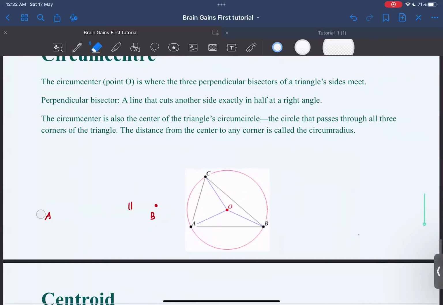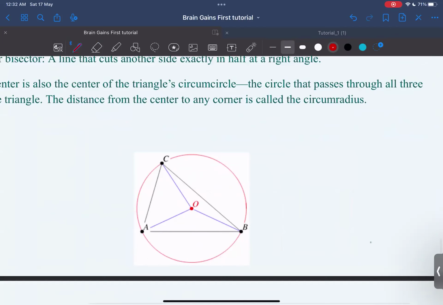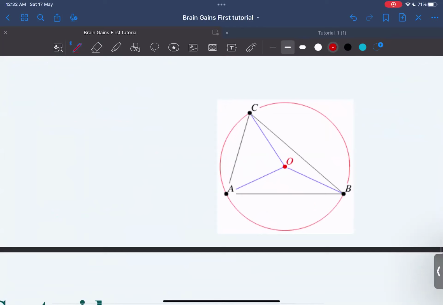So basically, what the circumcenter is, again, we have three sides in our triangle, so we're going to have three perpendicular bisectors, one for each of the sides. I could draw them on here. This is a perpendicular bisector of AB. This is going to be the perpendicular bisector of AC, not a good one, sorry. And this is going to be the perpendicular bisector of BC.